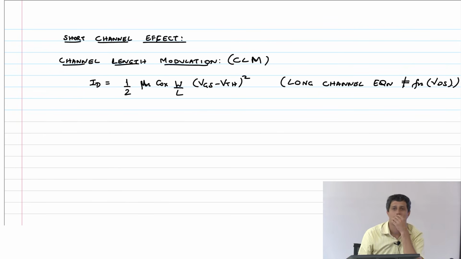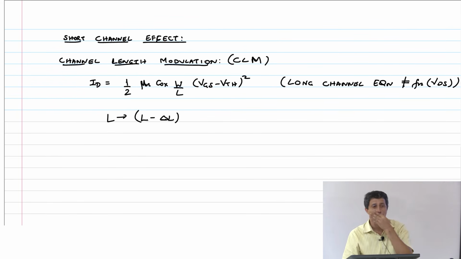That's the main thing. So now what's happening? The effective channel length is becoming smaller. It's becoming L minus delta L. And what is this L minus delta L a function of? What is delta L determined by? The VDS. Now again we resort back to our empirical modeling, we don't worry about what happens exactly physically.